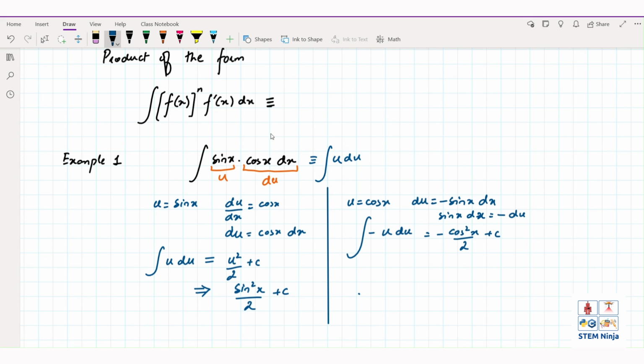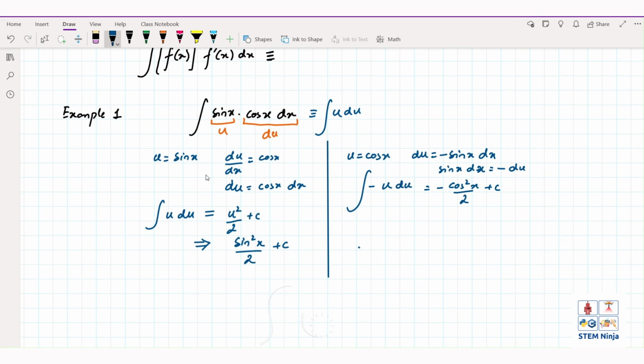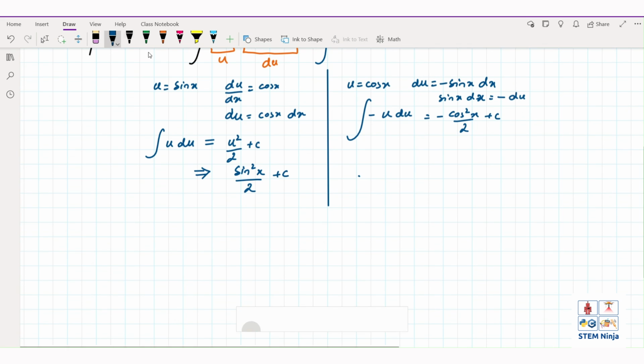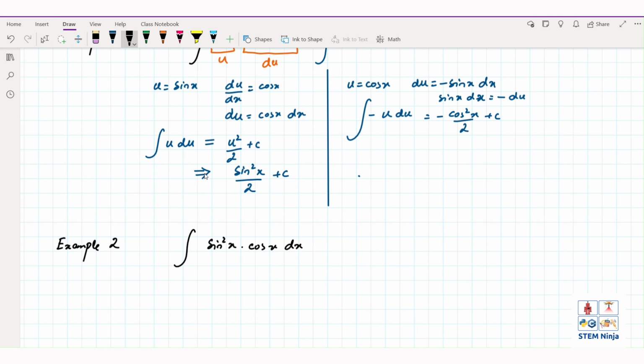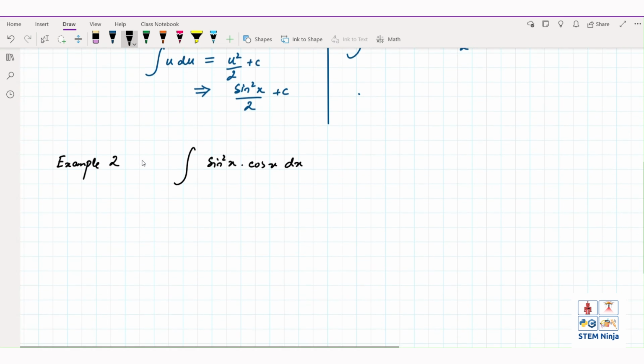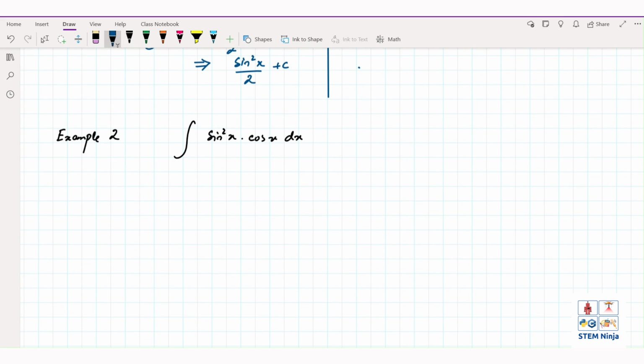Now, let's add a power on one of them. Let's say we have sine squared x cos x dx. This is a very simple example, but still good for us.